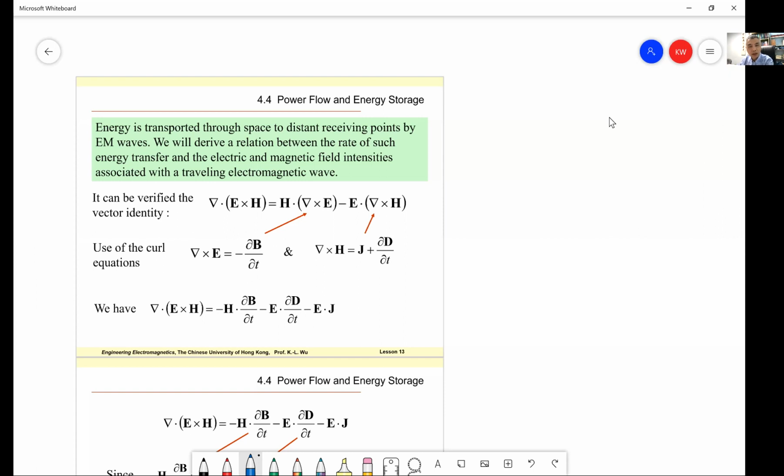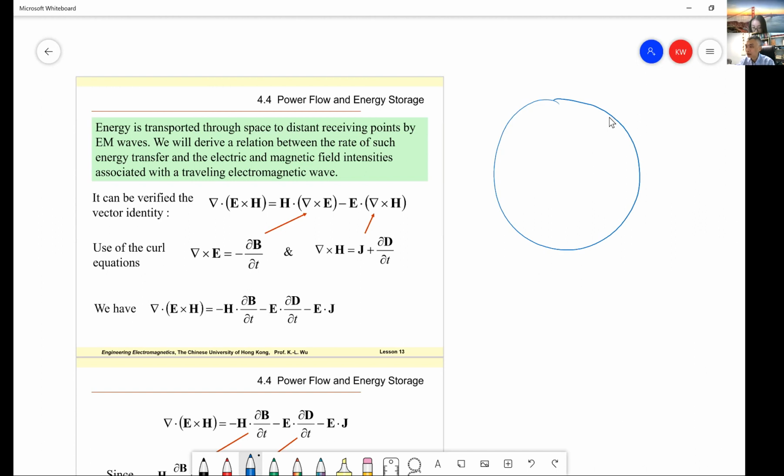The first, let's discuss a very general theory, and the theory describes the power and energy relation. If you can imagine, we have a system.